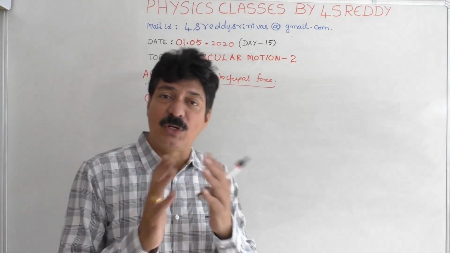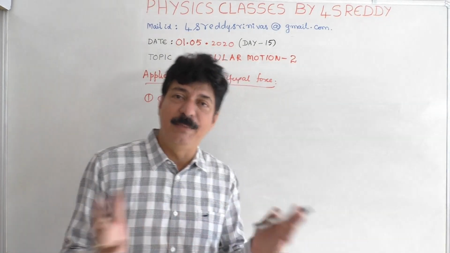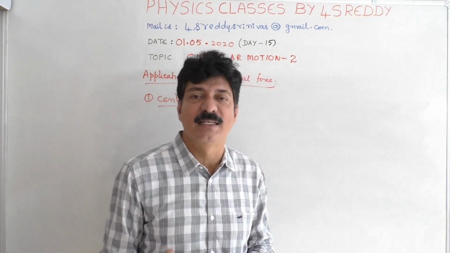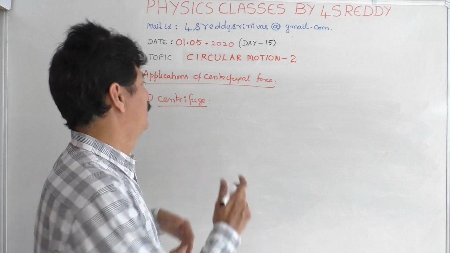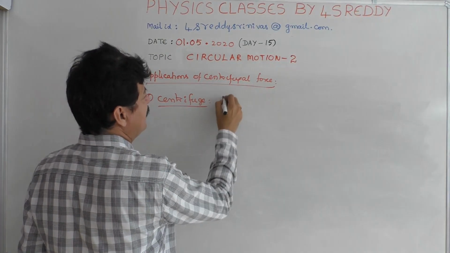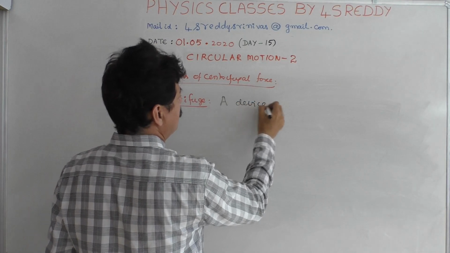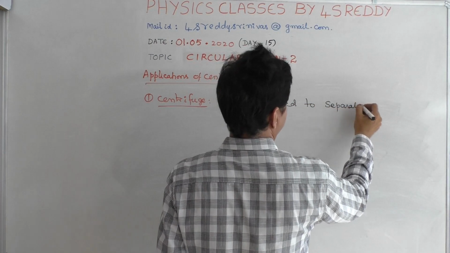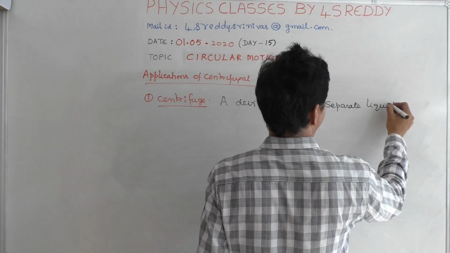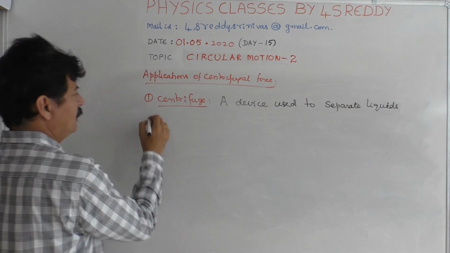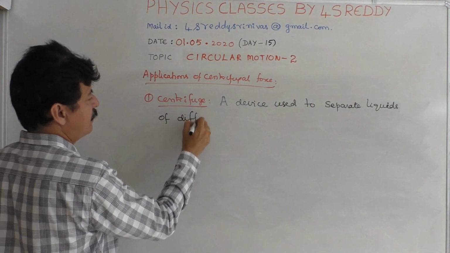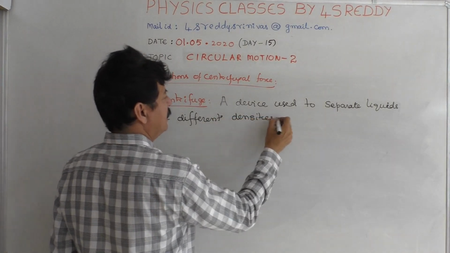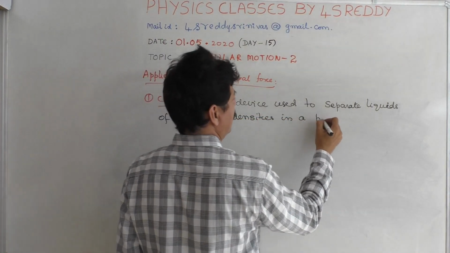Like that, sugar is separated from the molasses, cream is separated from the milk. The basic principle involved in that is centrifugal force. So, a centrifuge means a device used to separate liquids of different densities in a homogeneous mixture.